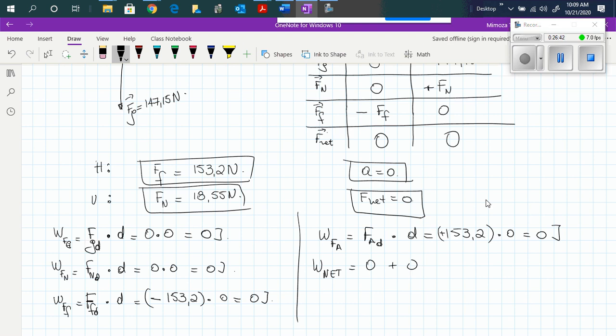So 0 plus 0 plus 0 plus 0 equals to 0 joules. You can verify this by saying work net is the component of force net along the displacement times 0. 0 times 0 is equal to 0 joules.